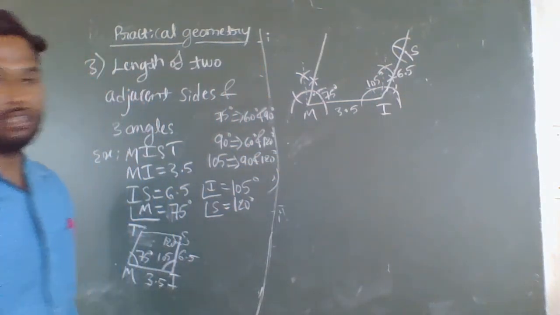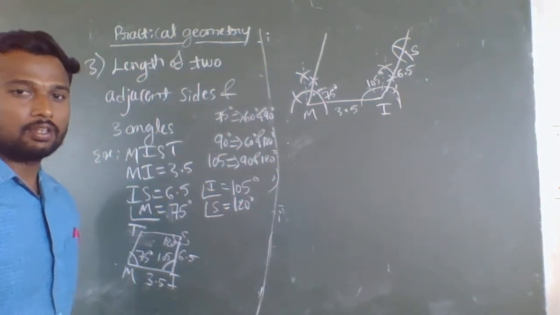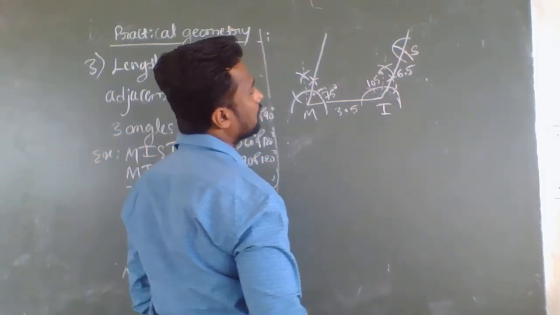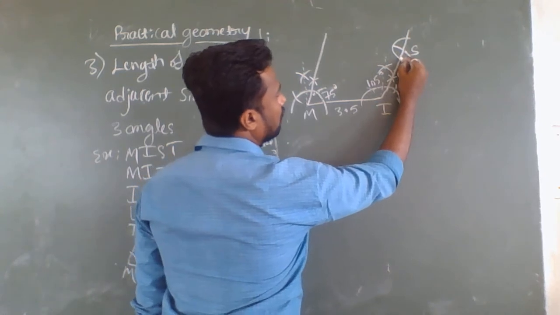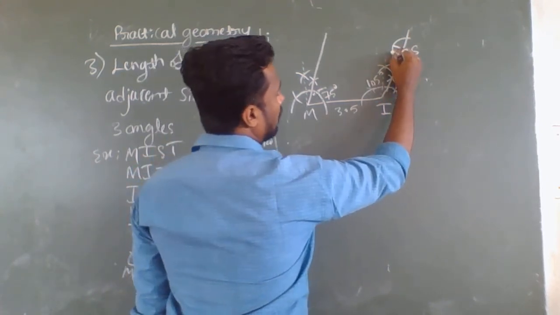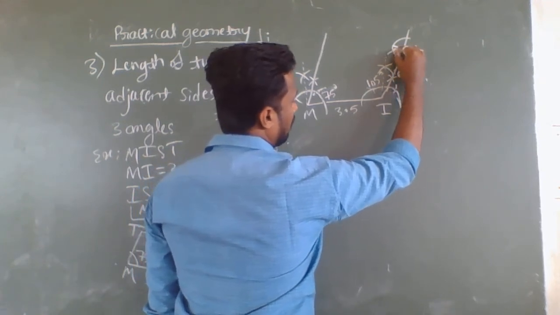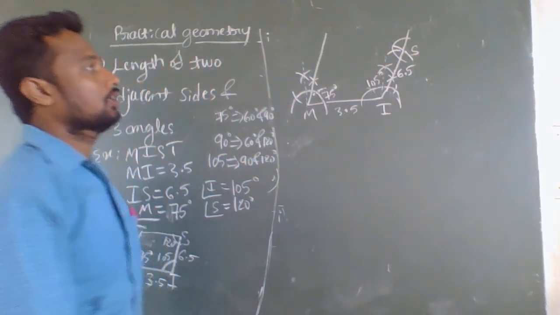this is 120 degrees. How to get 120 degrees? First keep the compass on this point and, keeping the minimum distance, meaning the same distance, first draw an arc which is 60 degrees.